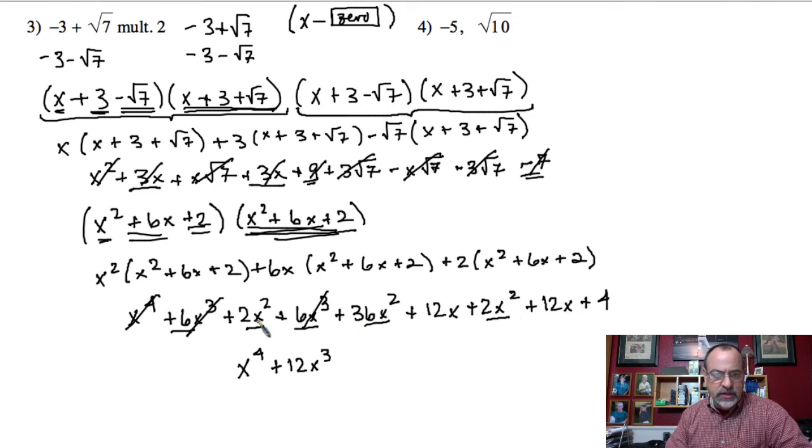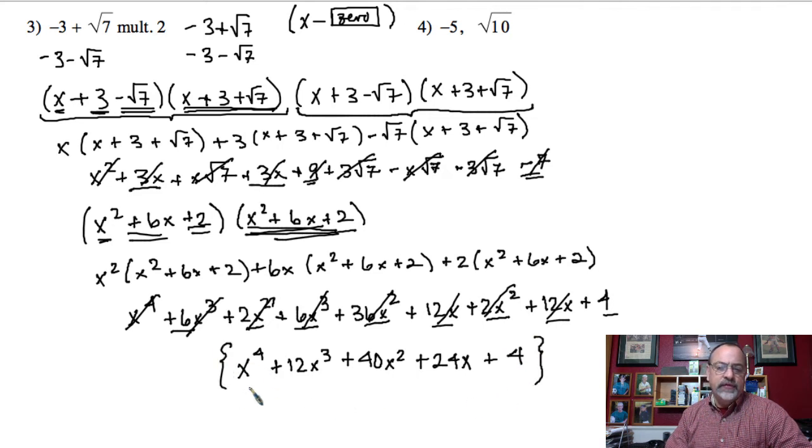So I've got 2x squared plus 36 plus 2, so that's 40x squared. So that takes care of all my x squared. And then I have a 12x and a 12x, so that's 24x. And then I have a constant of 4 at the end. So this would be the polynomial in standard form given this one irrational root.